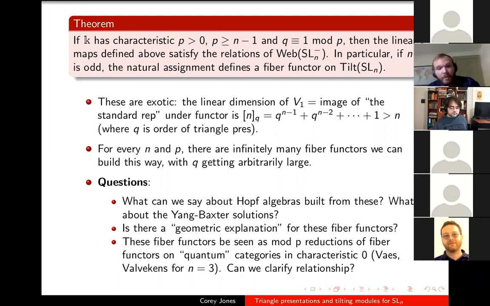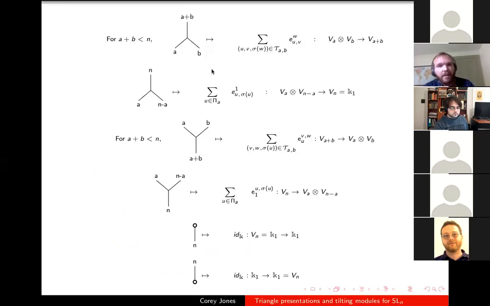And then finally, I should mention where I actually came to these things. I think I mentioned earlier on, I secretly come from this world of unitary categories. And Stefaan Vaes and Matthias Valvekens were studying, so they basically took these maps I just defined for you in the Affine A2 case, and they said, consider these maps defined from a triangle presentation in Affine A2, take the rigid C-star tensor category generated by them inside Hilbert spaces.